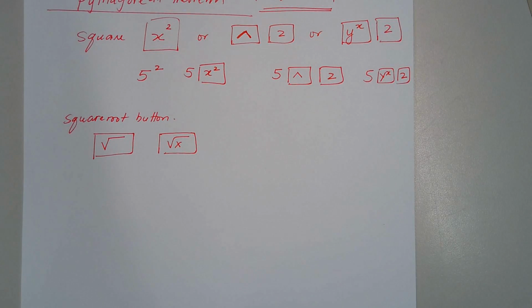Take a look and see if you can find the square root button on your calculator. I haven't given you anything to type yet. On some calculators, the square root button is a second function, so you press second function first. I'm waiting for you to type in a number.